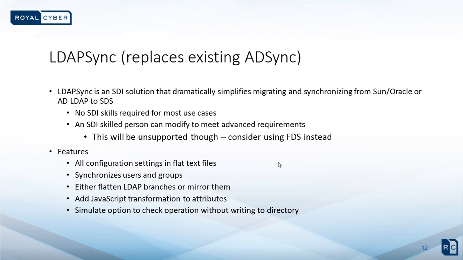Another solution that comes with ISAM is the LDAP sync. This solution provides both migration and synchronization services from one or more source systems, like Sun One directory or Active Directory, to a target LDAP directory server. This solution has been created with the Security Directory Server as the target.